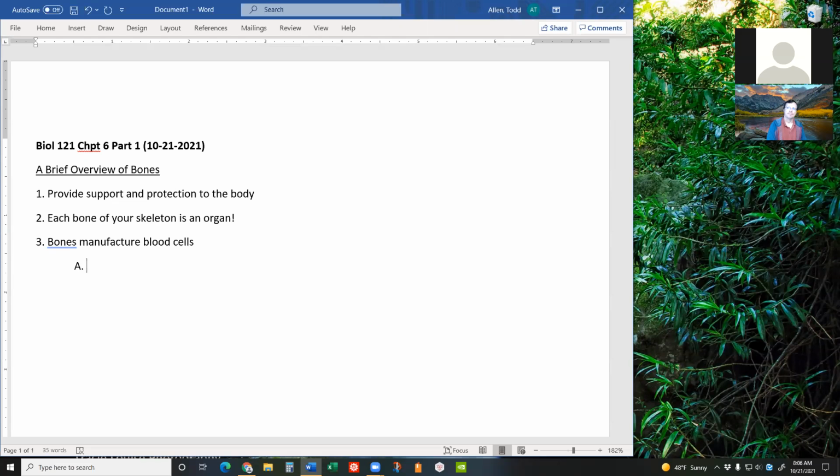Inside many of the bones of your skeleton, you're going to find a special material called red bone marrow. Red bone marrow contains stem cells. They actually contain a subtype of stem cell called an adult-derived stem cell, which has the ability to manufacture both red and white blood cells.